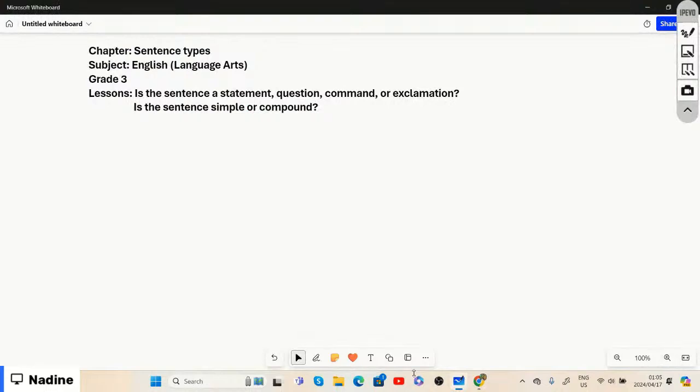All right. So our chapter is sentence types. Our subject is English language arts, grade 3.